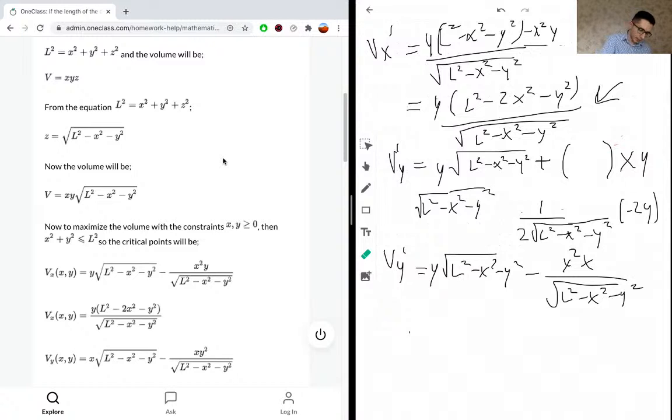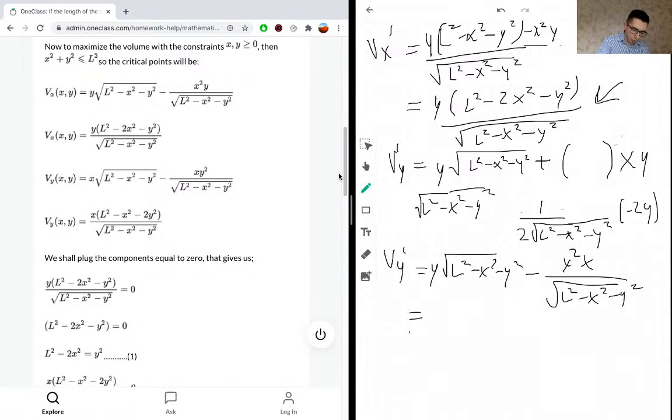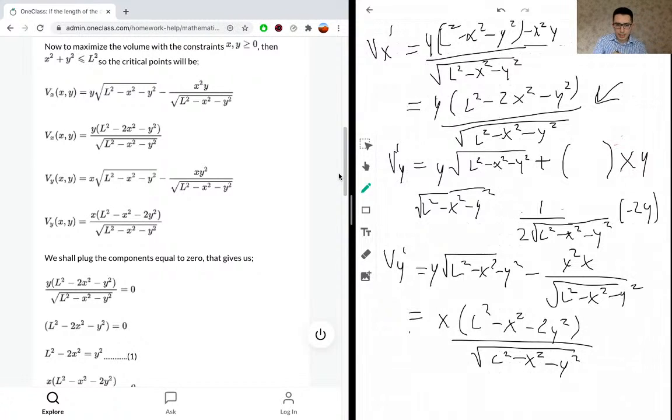And we'll end up with the following: x times L squared minus x squared minus 2y squared, over square root L squared minus x squared minus y squared. So this is the derivative of the volume with respect to y.